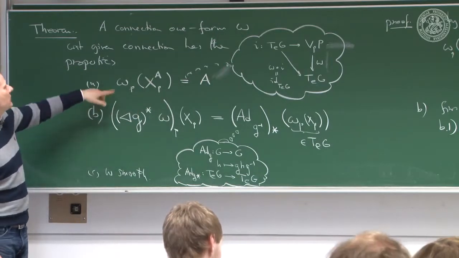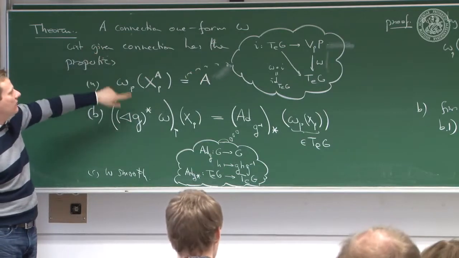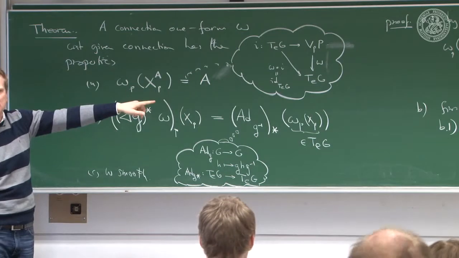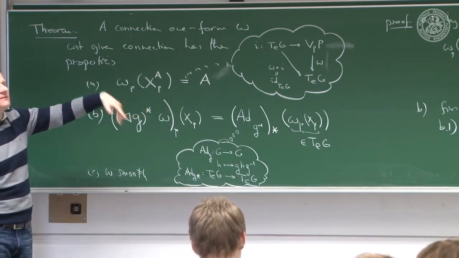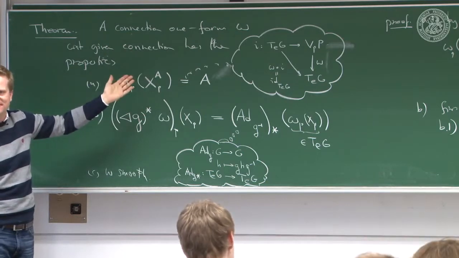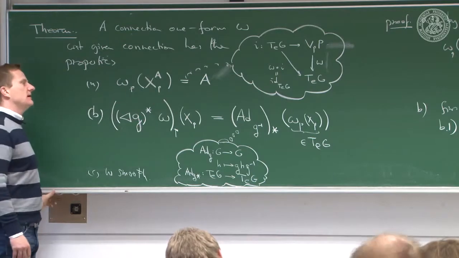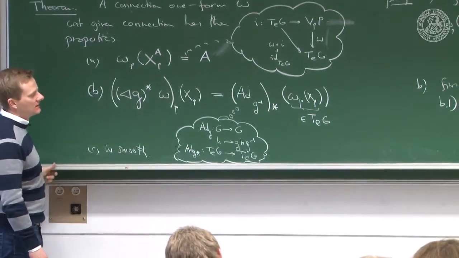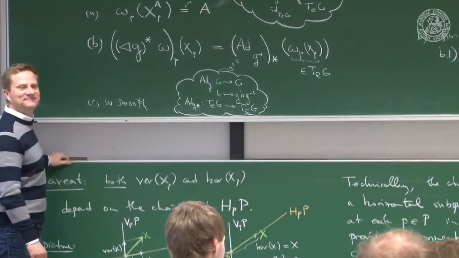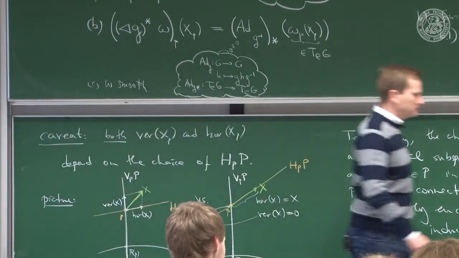It would be nice if we could show the converse of this theorem, namely that any one form with these properties actually induces an HP that satisfies the condition of a connection. But that is the case. The proof is very similar to this, and hence it will go to the next problem sheet without much help. It's really very simple. Just not writing it down.